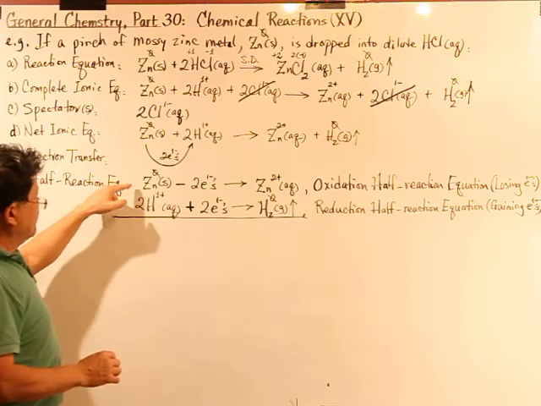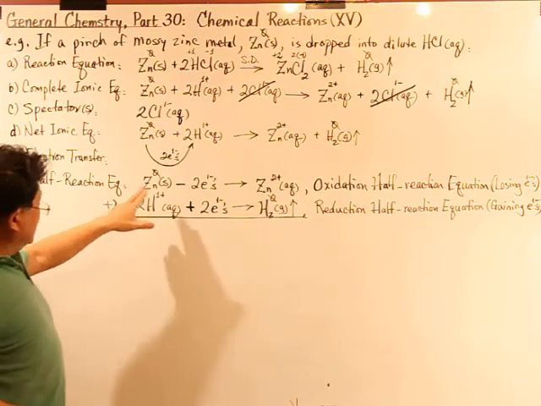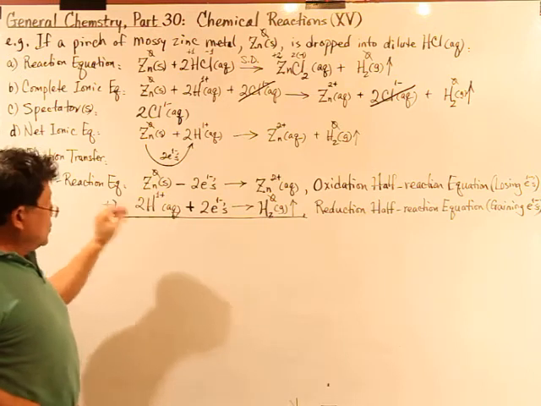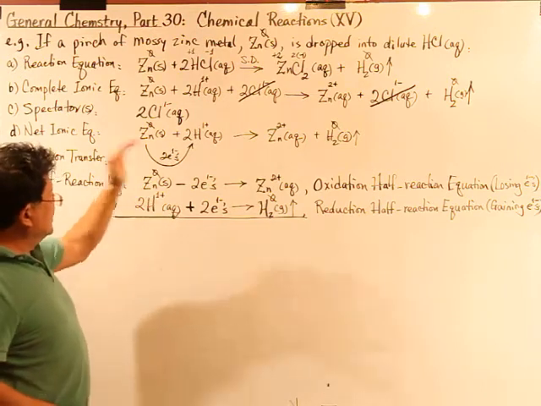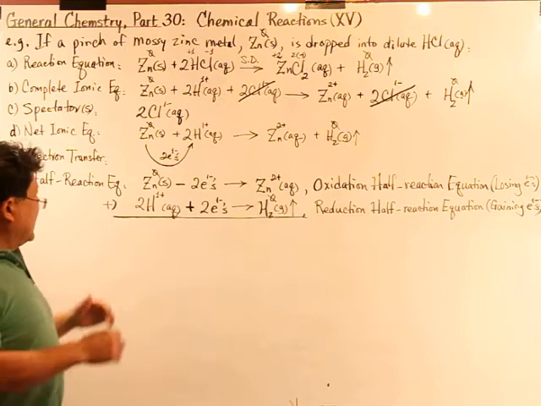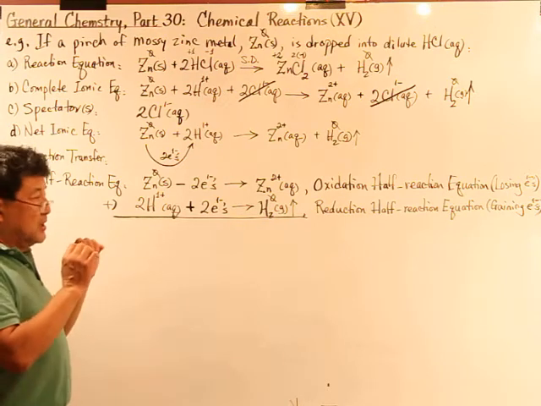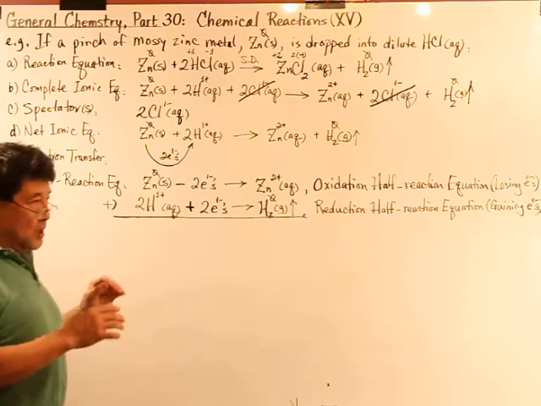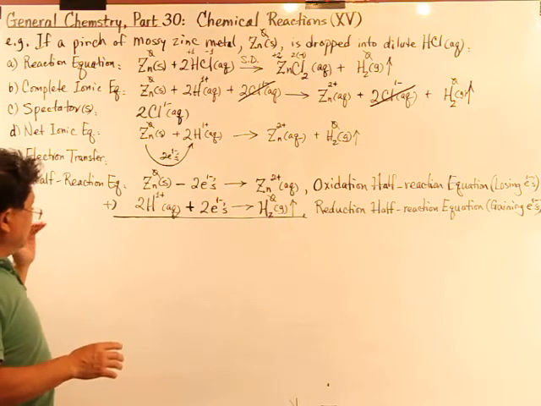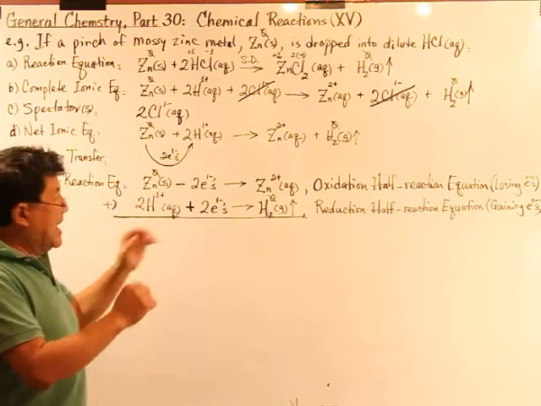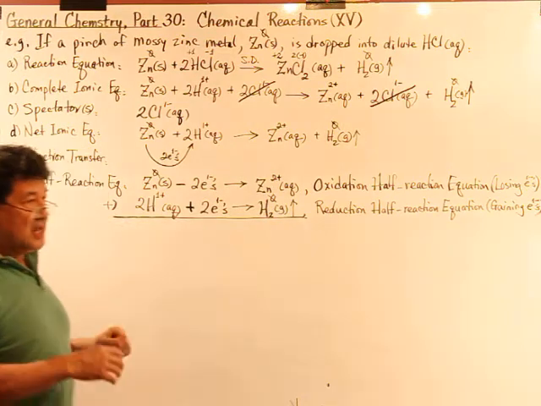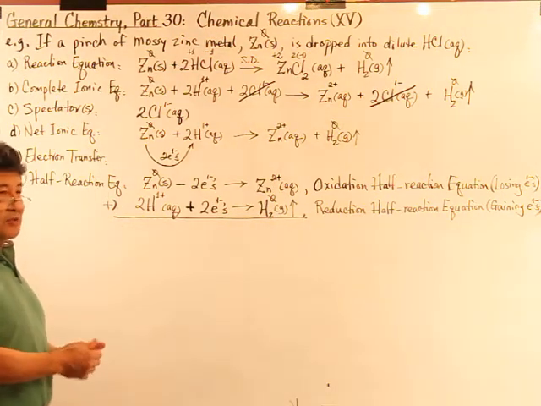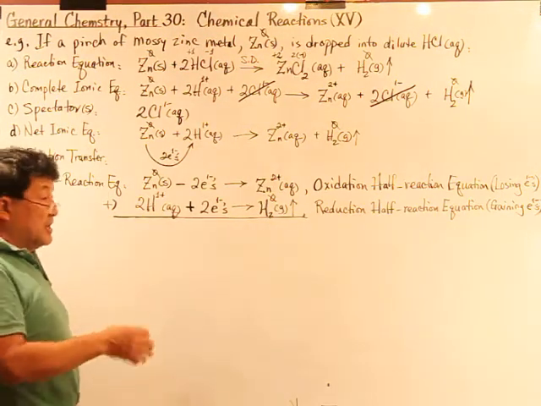Right here, the zinc, 0 oxidation state as a solid, reacts with hydrochloric acid by releasing 2 electrons from its own orbital, and becomes a cation, zinc 2+, in the aqueous physical state because it's dissolved and dissociated.